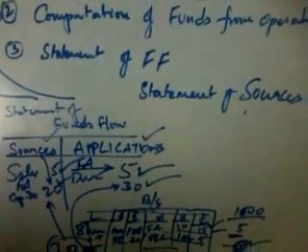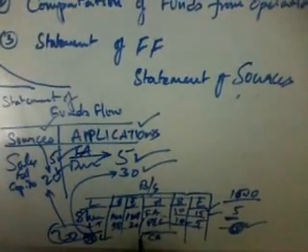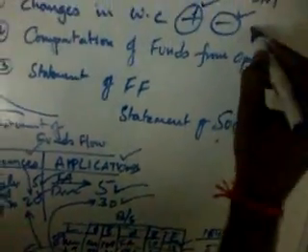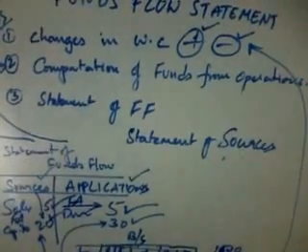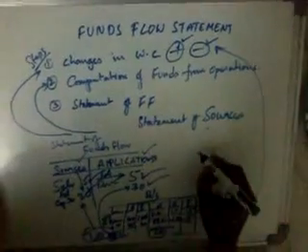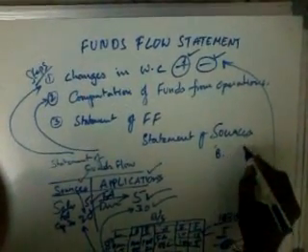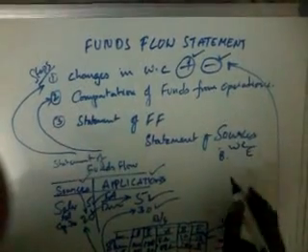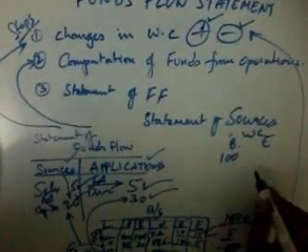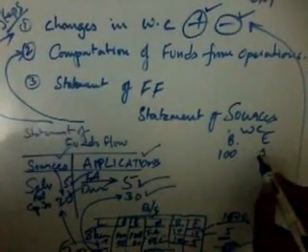And don't ask me about current assets and current liabilities, because we have already found whether there is an increase or decrease in current assets and current liabilities. See, think that in the beginning of the year the working capital is 100, while at the end of the year the working capital is 50.